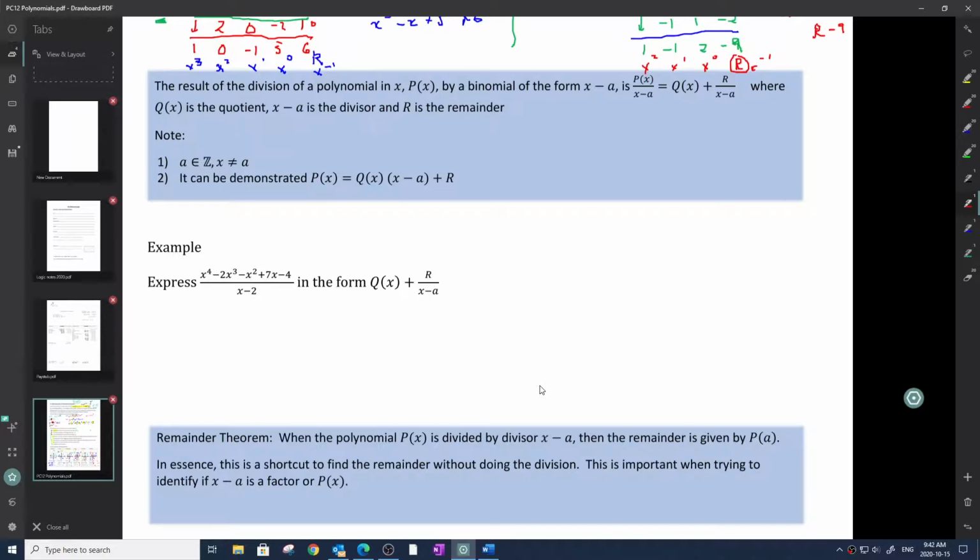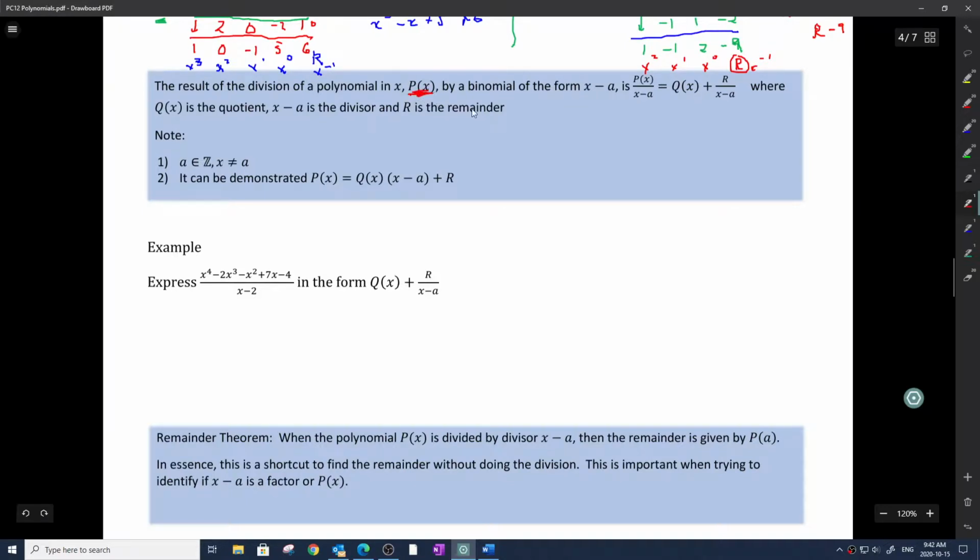So the result of a division of a polynomial in x, so for instance, let that polynomial be represented by p of x. And if it's divided by a binomial in the form of x minus a, what were we trying to say?